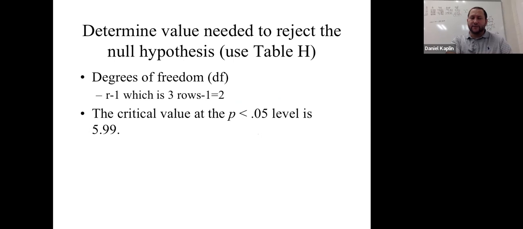As I said, it's the number of rows or categories minus 1. So we had 3 groups or 3 rows, and we subtract 1 and we get 2 degrees of freedom, which gives us the critical value of 5.99 that I put on the board.